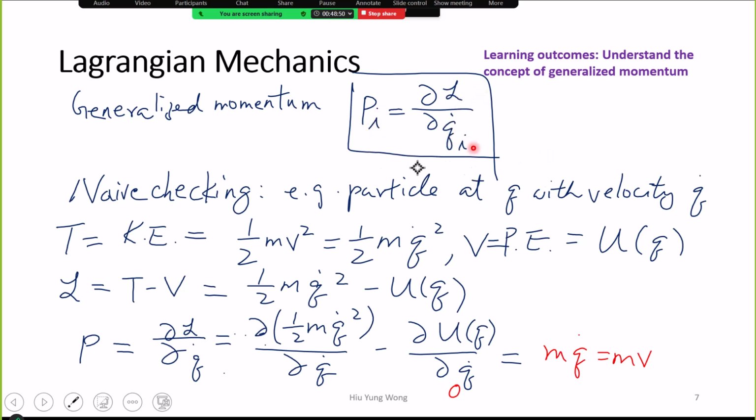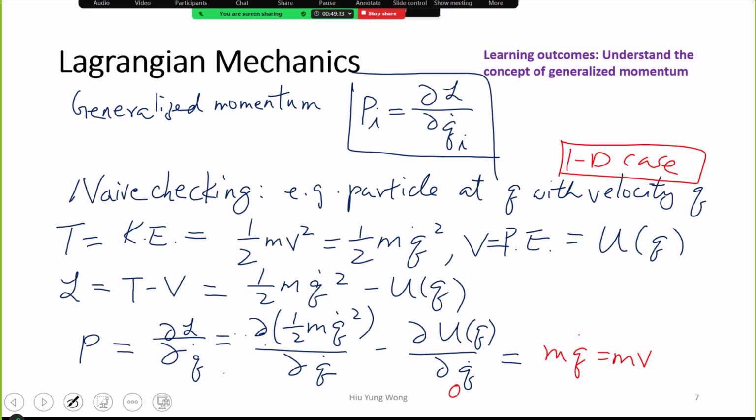Then I have x, y, z, the 3 components of the momentum, and it becomes a vector. Very good question. So here it looks like just a scalar because I'm talking about a 1D case. In the 1D case, plus or minus q gives me the vector.